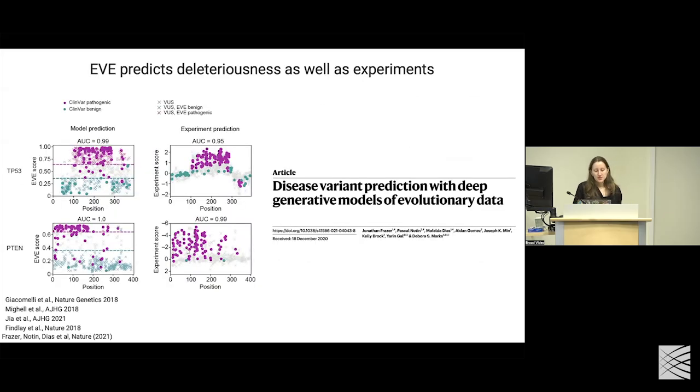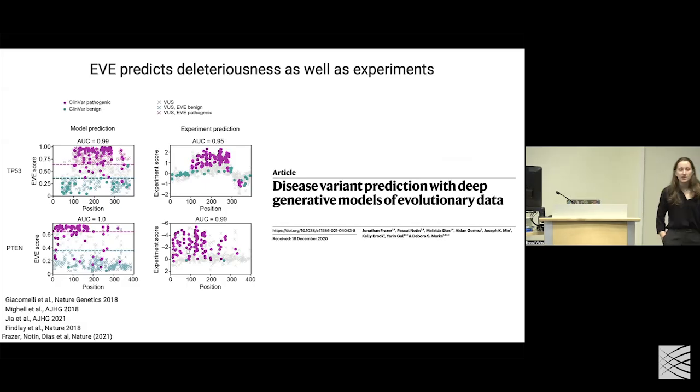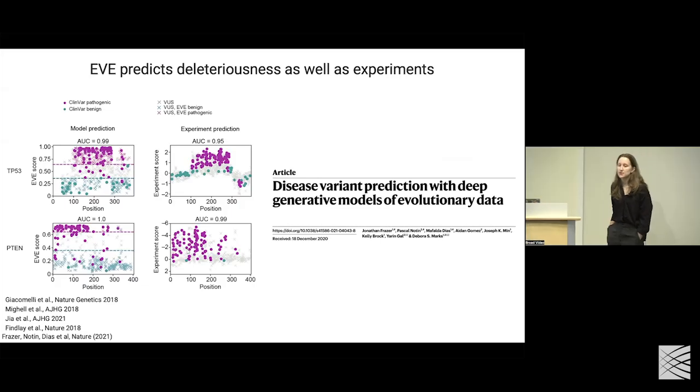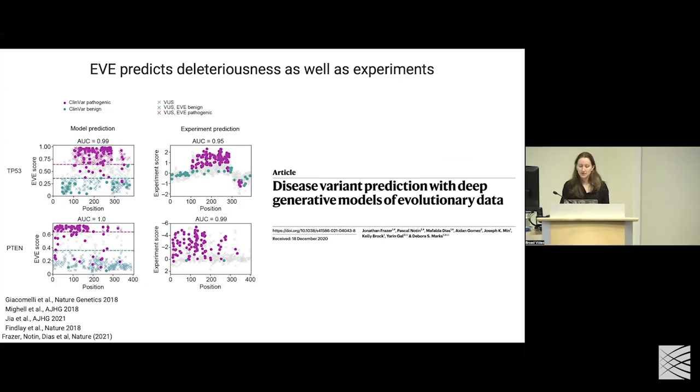We published this work back in 2021, I think now, right when I started my PhD. What we're seeing here is that the model is able to predict if a variant is benign or pathogenic just as well as if you took some deep mutational scanning experiment and put that up to the same task.